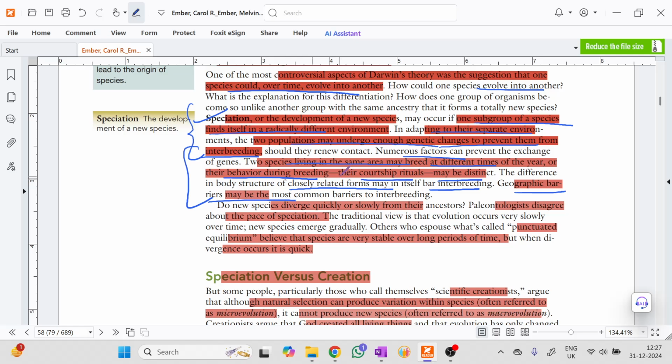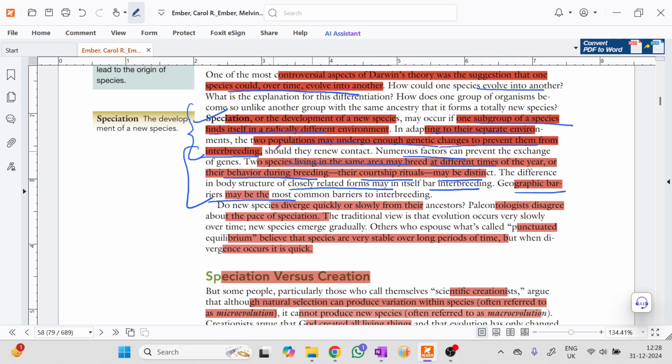So, all in all, the basic idea is that if one subgroup of a population of a species is isolated from its parent population for a long time, then because of natural selection and differing environmental conditions, both species may develop different characteristics. This will be a matter of time and natural selection both.